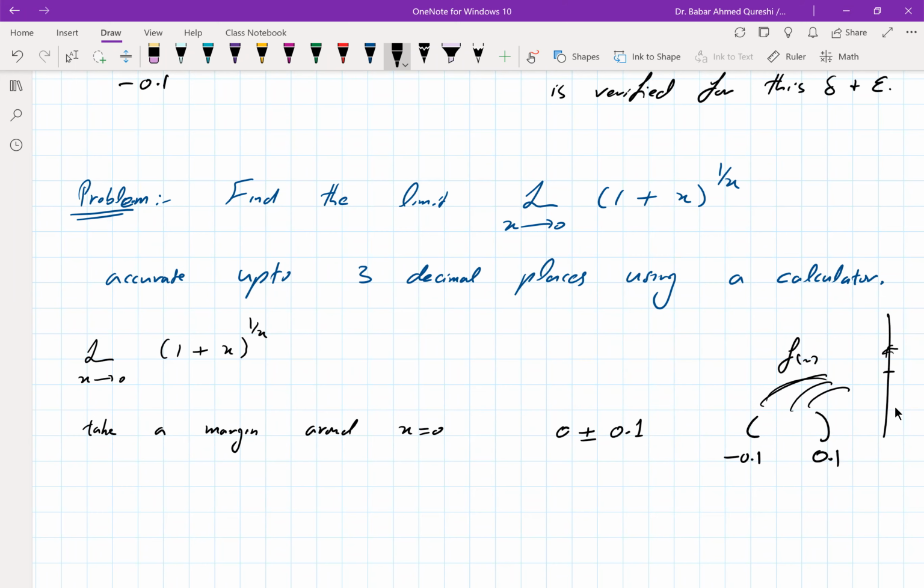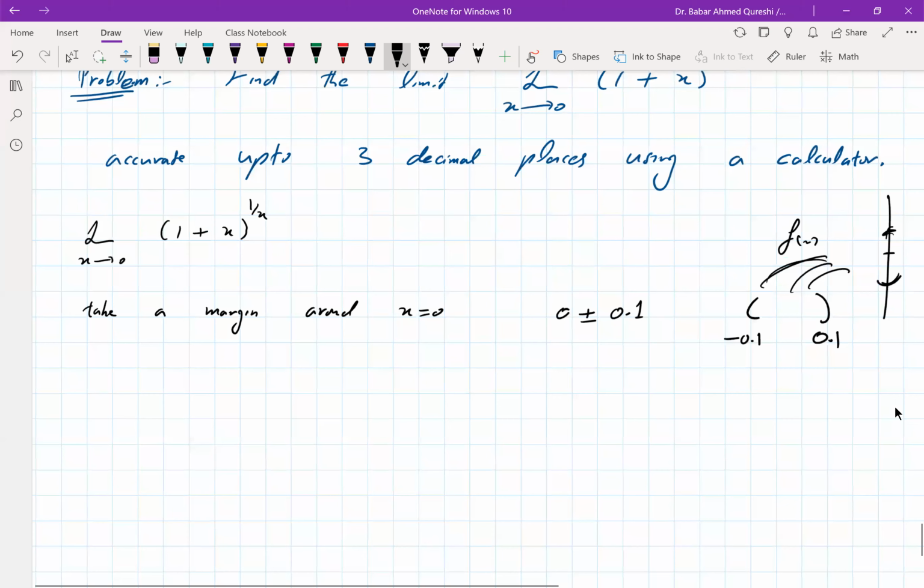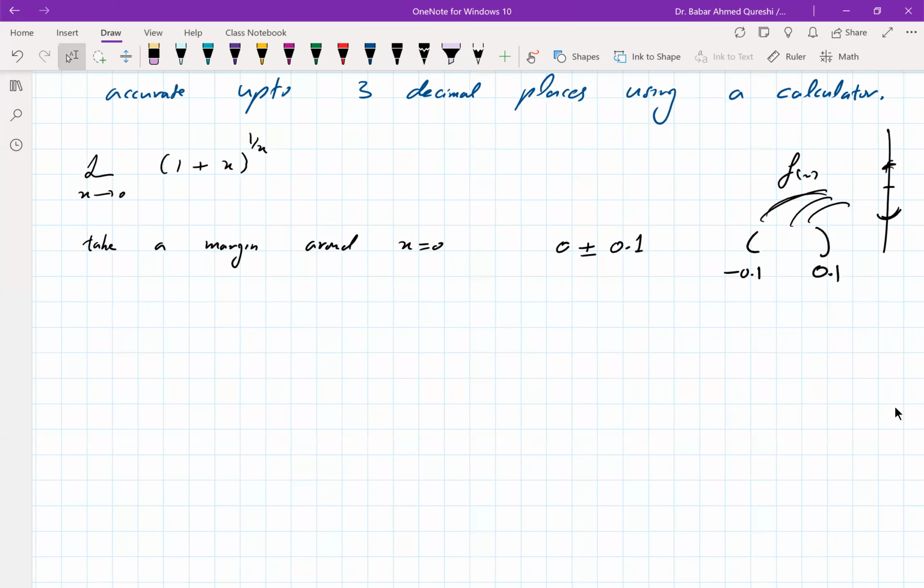It will be mapped in some range, and then I can try to figure out what is that range. Then what I'm going to do, I'm going to start making this margin around 0 smaller and see where it is mapped.